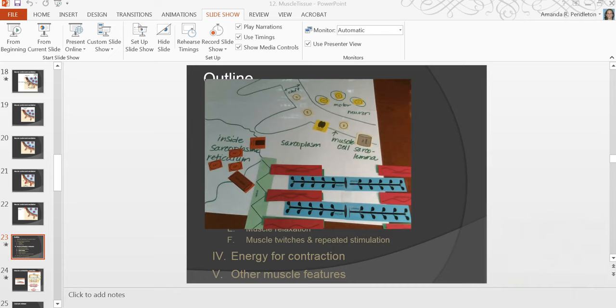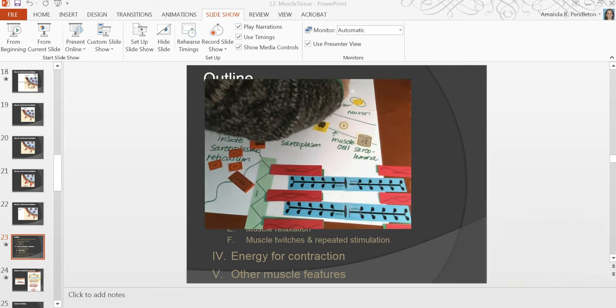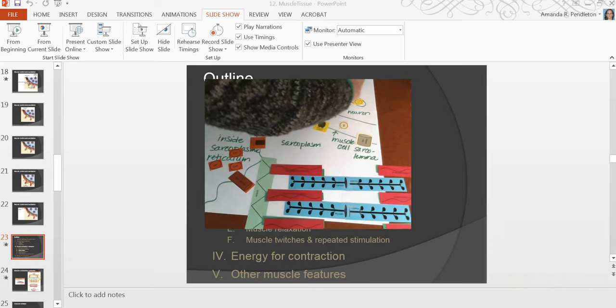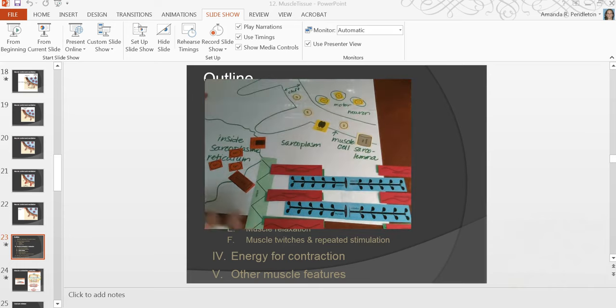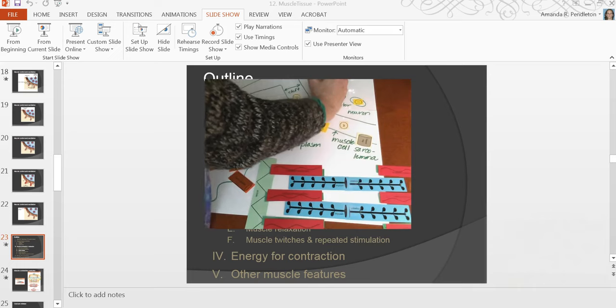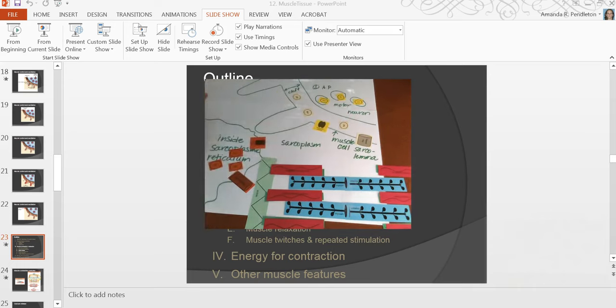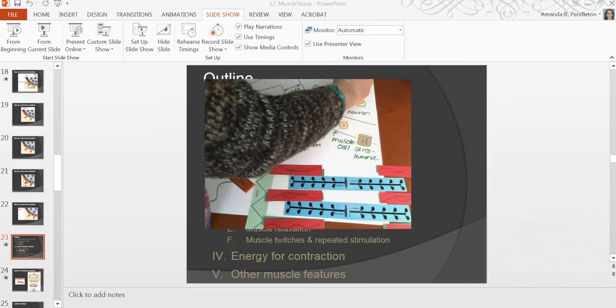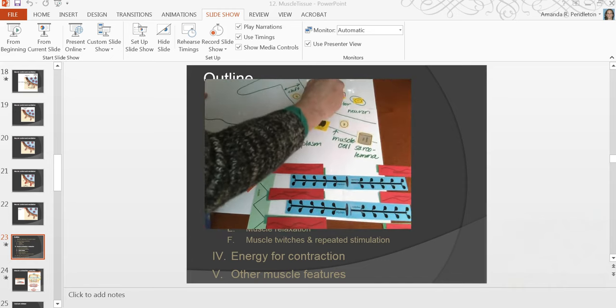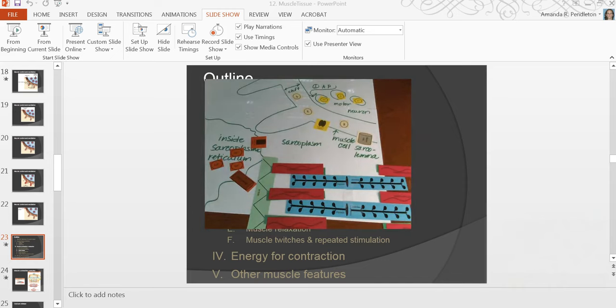So let's start now with what happens to give us a muscle contraction. And let's start with an action potential in the motor neuron. So the first thing that happens, action potential. It's going to travel down that motor neuron membrane.